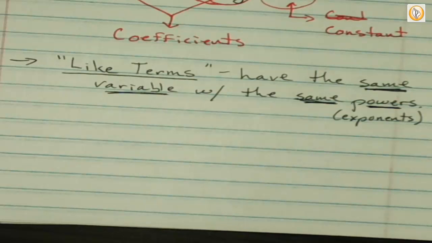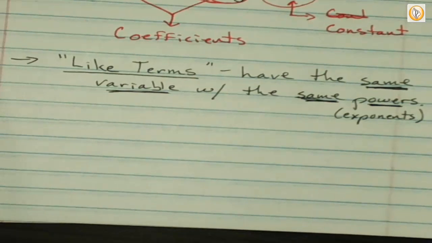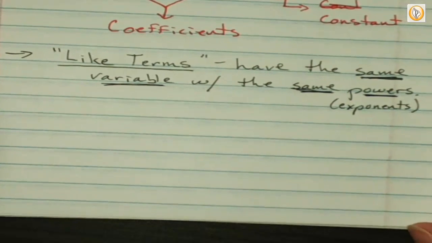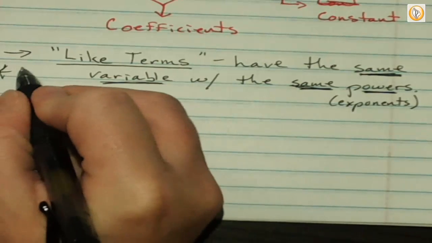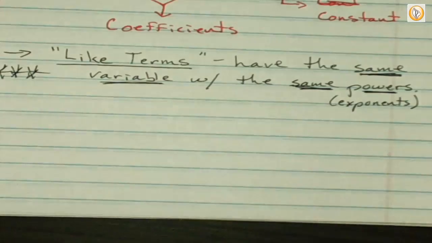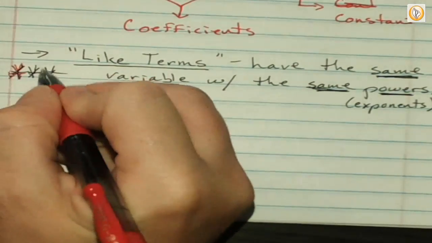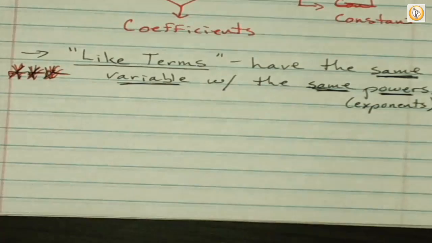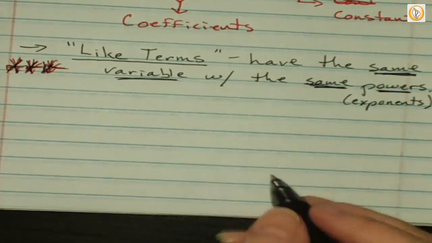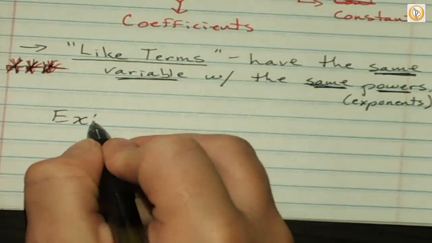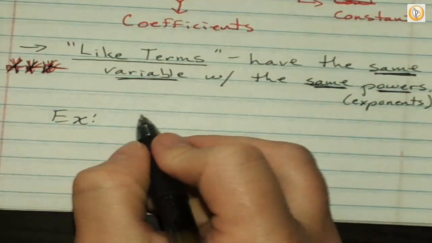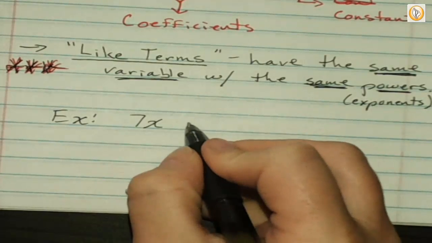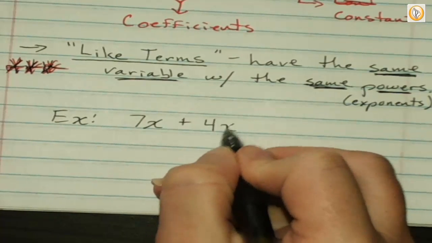I have kids that mess up on these tests in the beginning because they think they can combine things that they shouldn't. I'm going to put 3 stars here because this stuff is so important. Okay, example: 7x plus 4x.